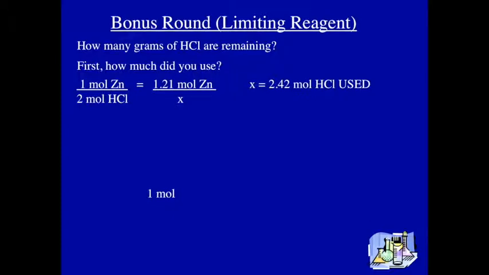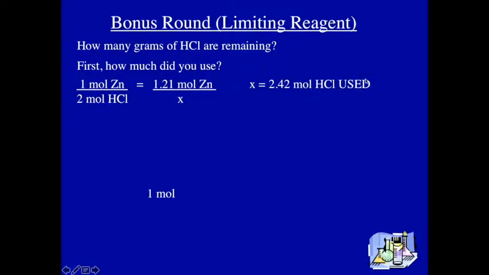We saw earlier, we had 2.65 moles of hydrochloric acid that were available. 1.21 moles of zinc, 2.65 moles of hydrochloric acid. That means with this ratio that we've set up, 1.21 moles of zinc were consumed, and if I do my cross multiplication, 2.42 moles of hydrochloric acid was used up.